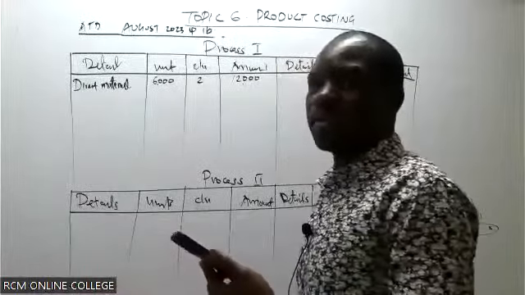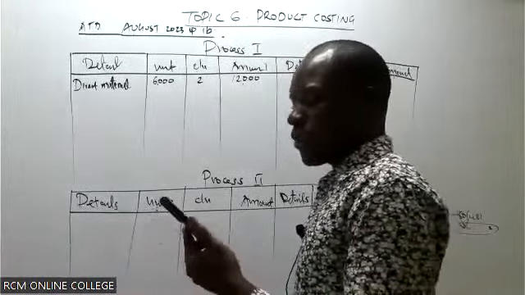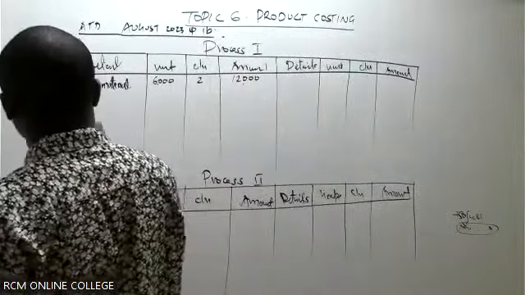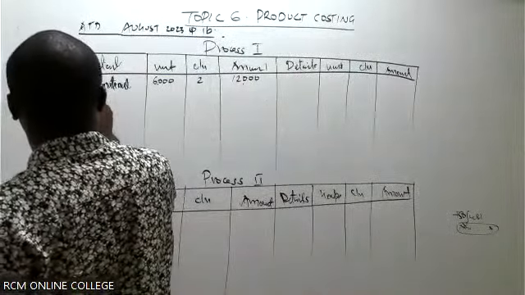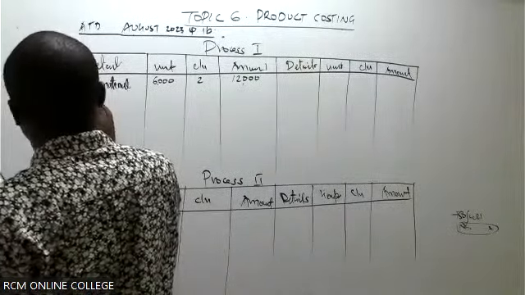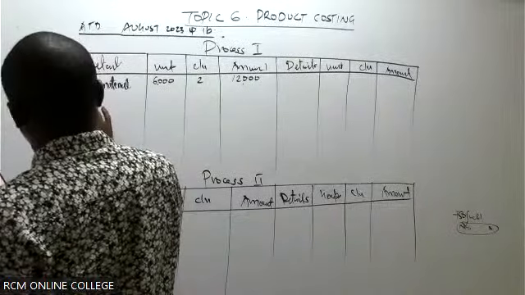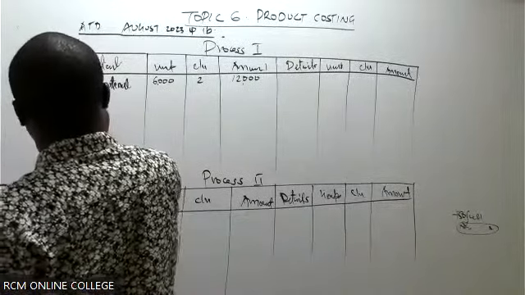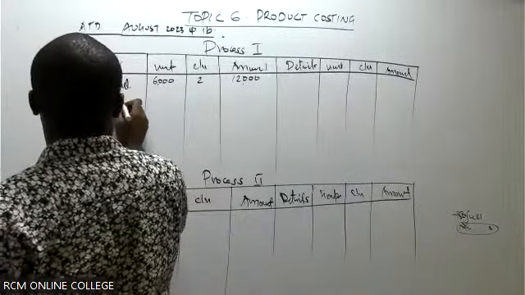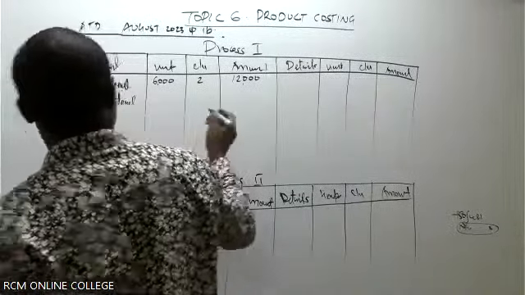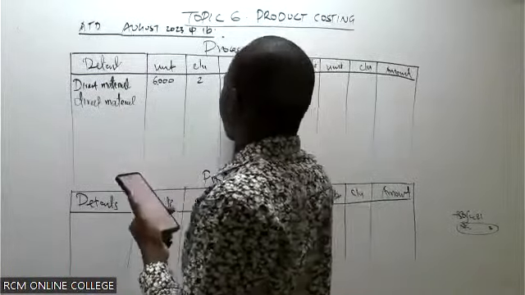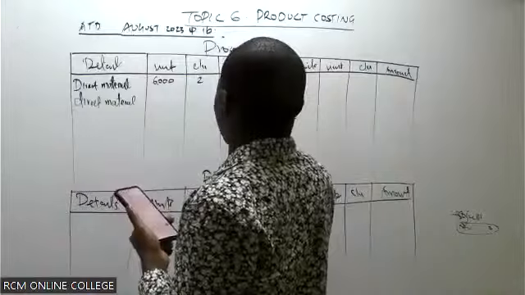After having the direct material, you're able to see we also have another material. This material here, we can call it direct material added in the process. You just give it that name, direct material, the way they have said. But we are not given the unit. So we are only going to use the cost of that material as stated there of 5,000.